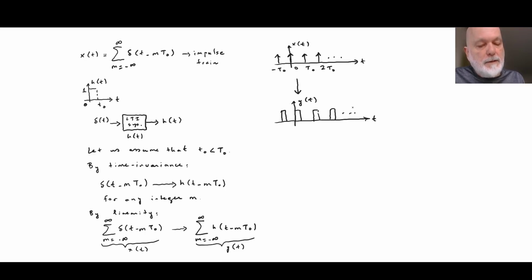Okay, so this pulse starts from 0, this one from T0, this is from 2T0 and minus T0, etc. Okay, and the magnitude is 1.